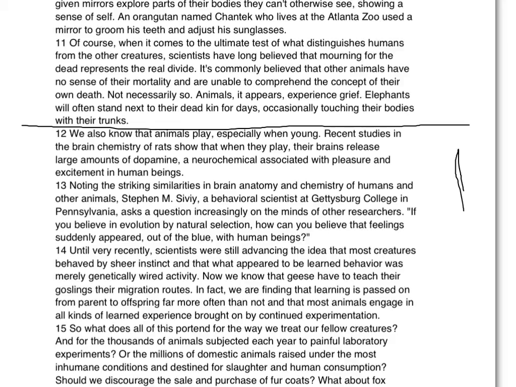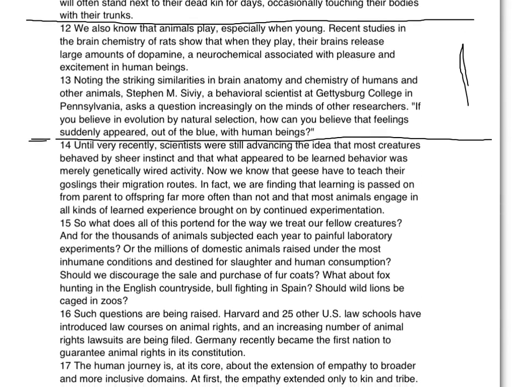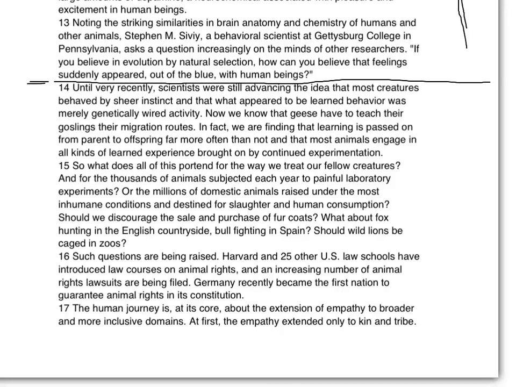And now we're shifting to this idea that animals are actually just behaving by sheer instinct. So let's go ahead and draw a line there. And then we will move on through our document to see what's happening in these last few paragraphs.